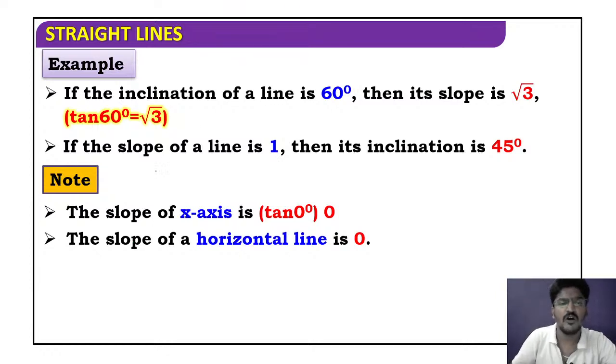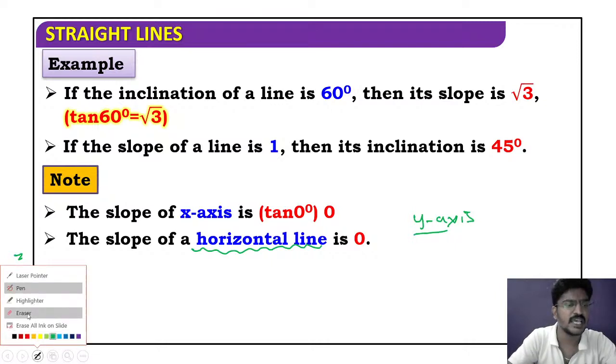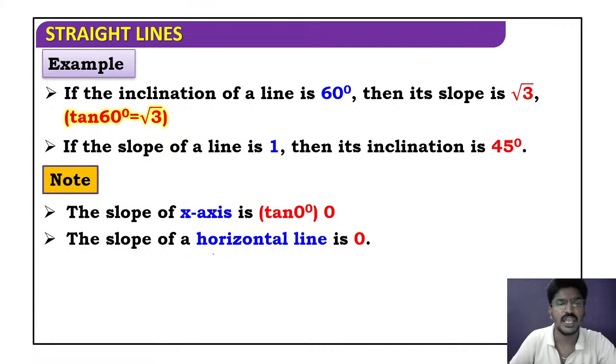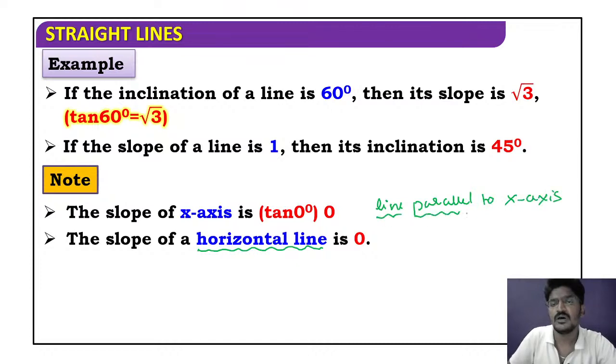Okay. So here horizontal line means your y-axis. See this? Horizontal line is nothing but your y-axis. Sorry, not y-axis, line parallel to x-axis. Horizontal line means line parallel to x-axis.